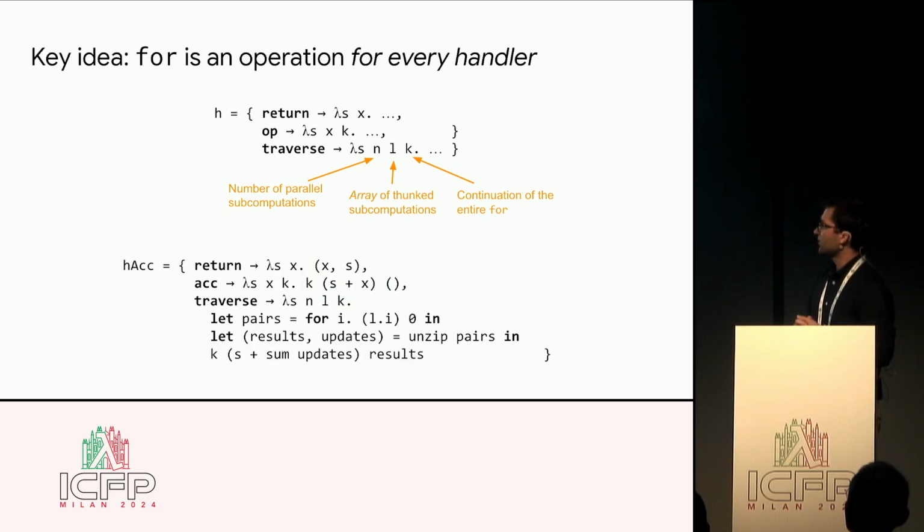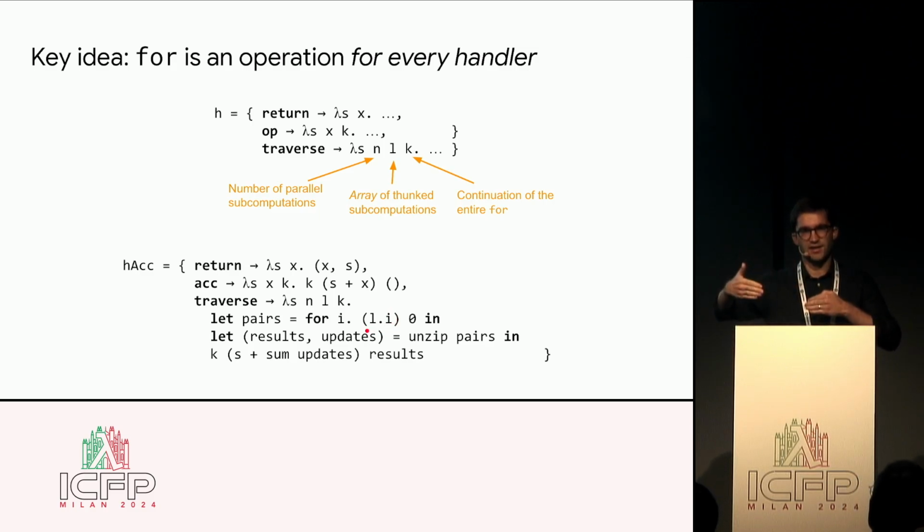Okay, so just to continue the example of accumulation that we've been following, the return and ACC here are exactly as on the first slide. The only thing I've added is the traverse clause that you see here. So what happens? We take this array of resumptions and we basically, in parallel, because if this is the only effect, remember that L already has the handler in the body, so that would basically make the body pure.